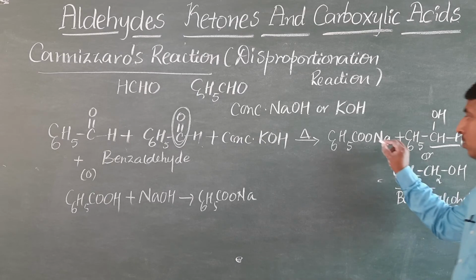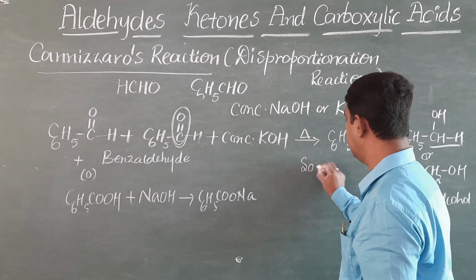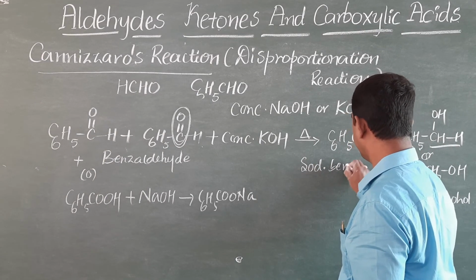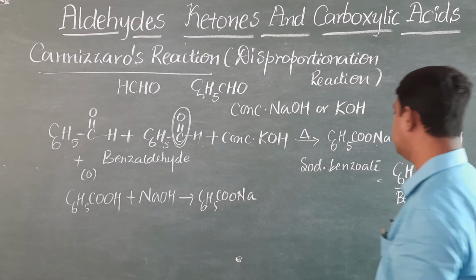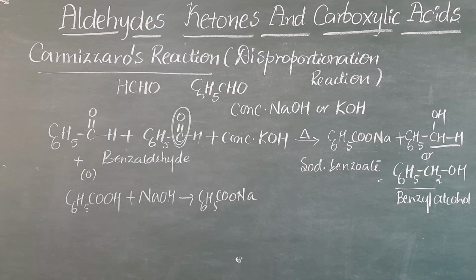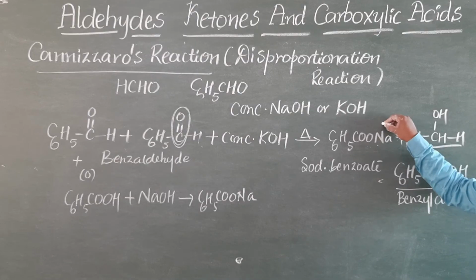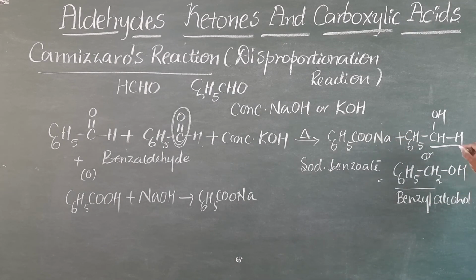The sodium salt of benzoic acid is named sodium benzoate. This is the product obtained due to oxidation, and this is the product obtained due to reduction, that is benzyl alcohol. Benzyl means C6H5CH2.